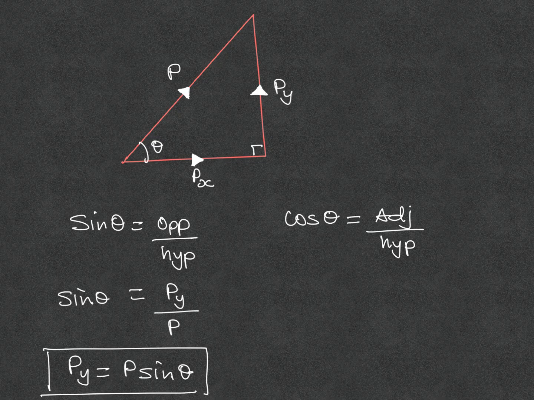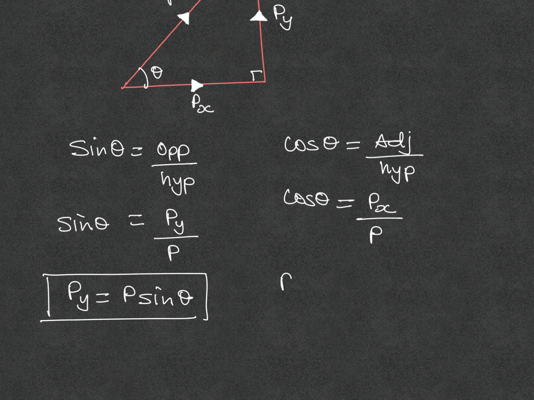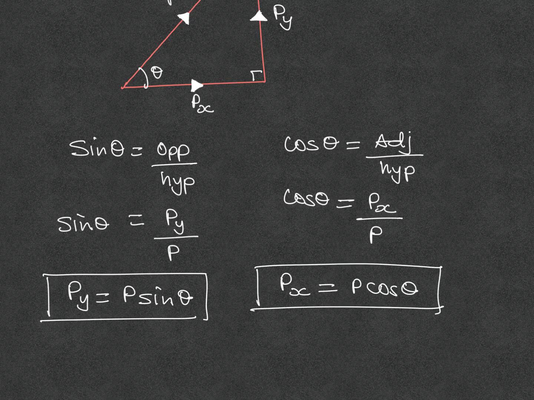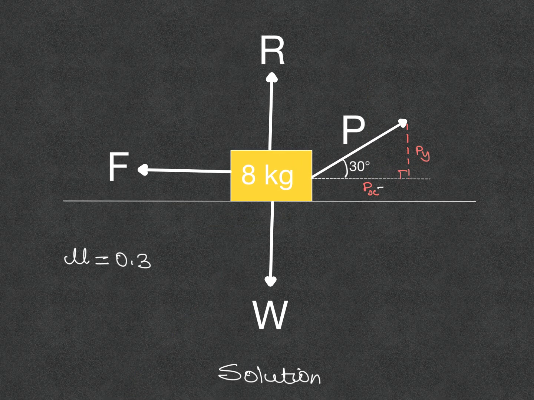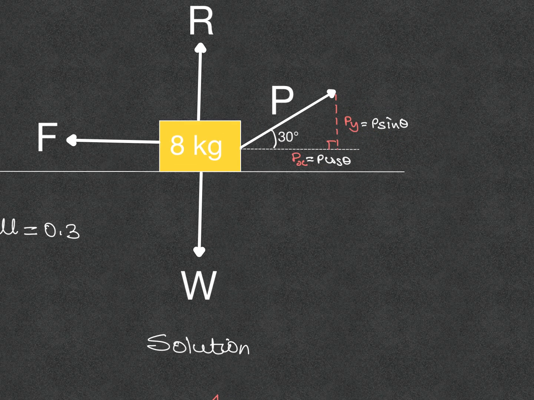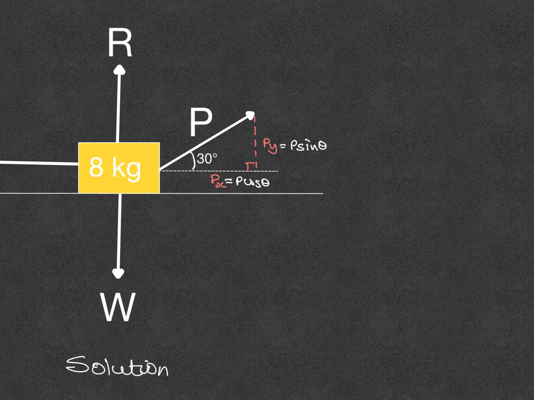So cos theta is equal to Px over P. Therefore, Px is equal to P cos theta. So if we go back to the diagram, Px is P cos theta and Py is P sine theta. What is the importance of that?